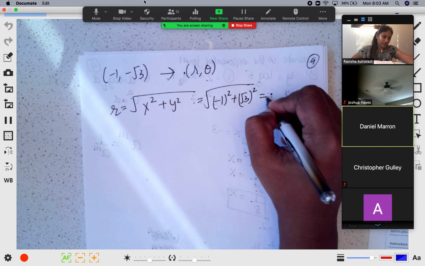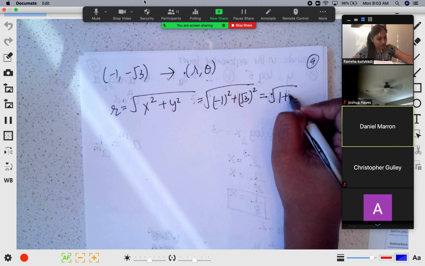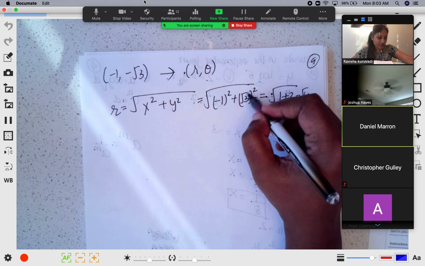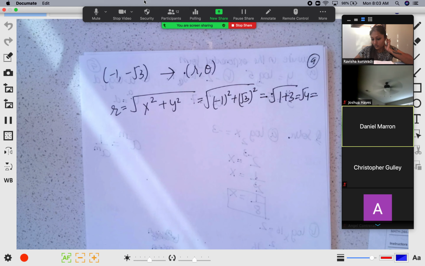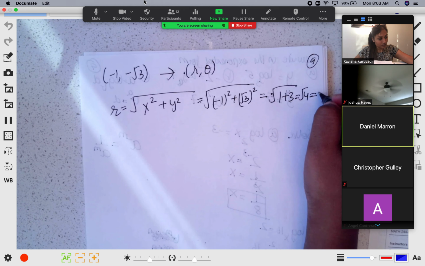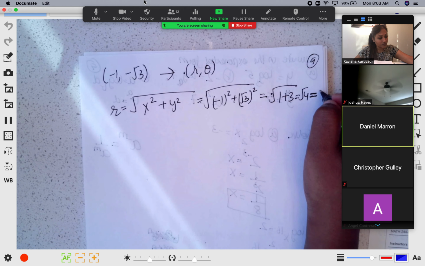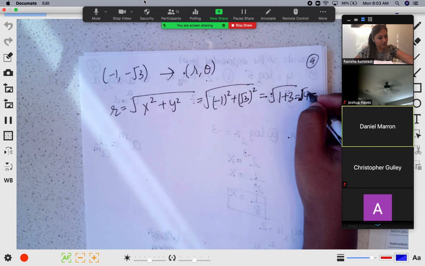So then it will be 1, then it will be just 3, because square root of 3 squared is just 3, which becomes 4. And then it will become 2. What's square root of 4?